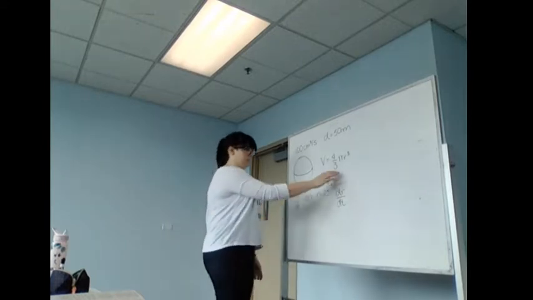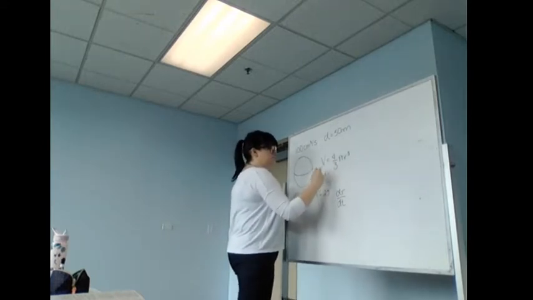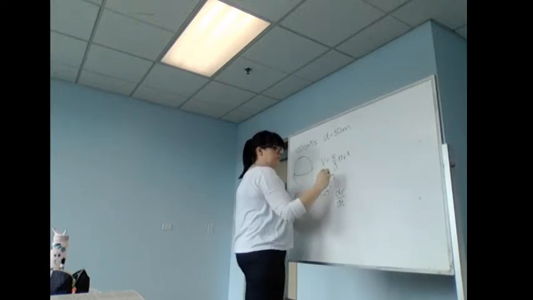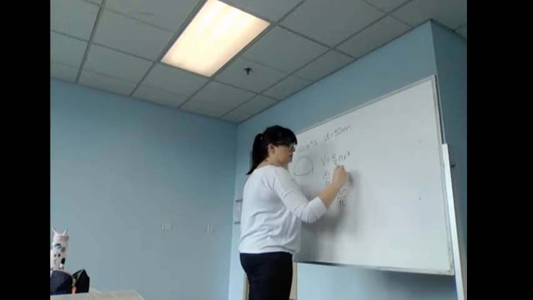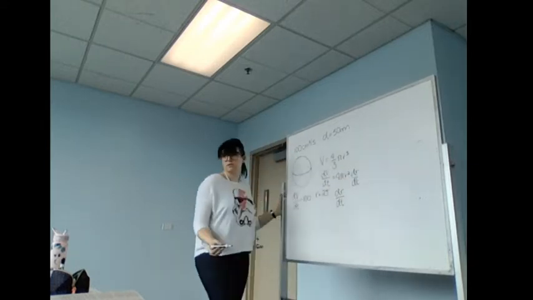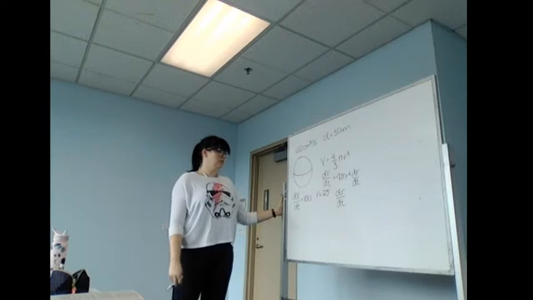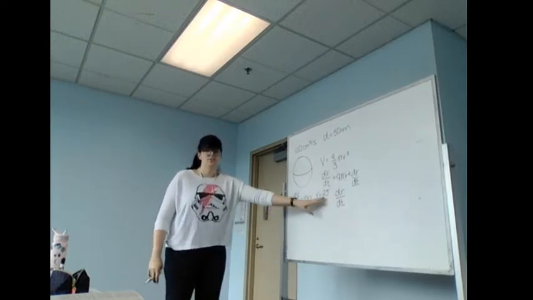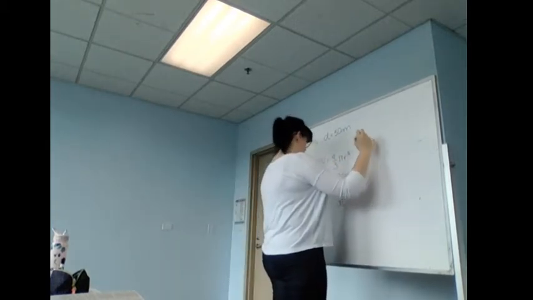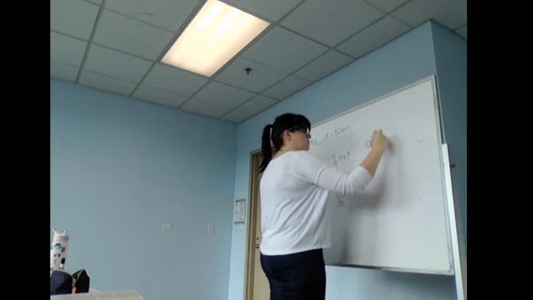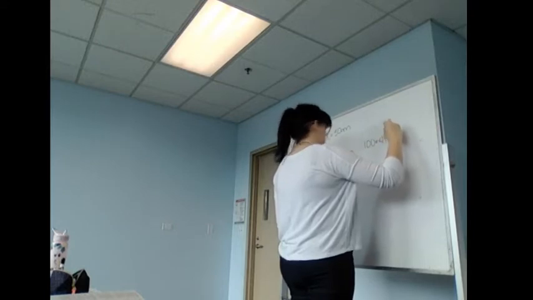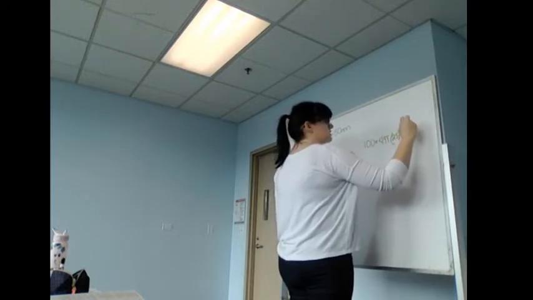Okay, so let's differentiate. So dV/dt equals, we're going to bring down the r cubed, we're going to get 4 pi r squared, and then dr/dt. But we already know two of those things. So dV/dt is 100, equals 4 pi, r is 25, r squared times dr/dt.